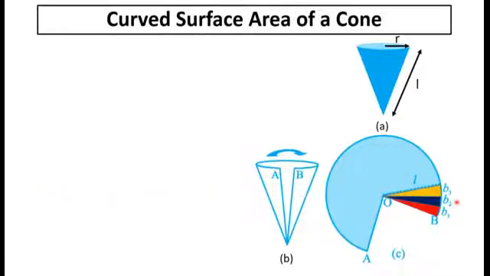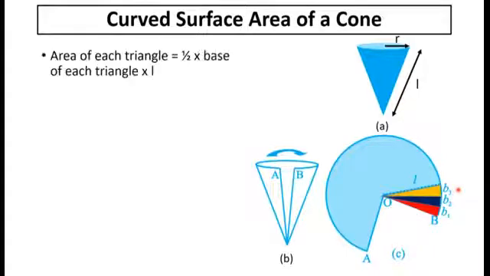For the third triangle, which is shown in yellow color, the length is L and its base is B3. So we know that area of each triangle is given by half into base of each triangle into its height. Here in this case it is L.